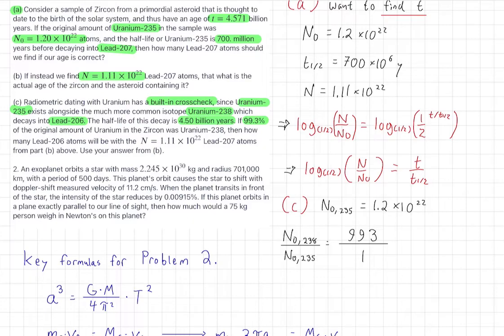Actually, hold on, because out of a population of 1,000, 993 would be that, and it would be a 7. Sorry for working through this, it's just an interesting thing to think about. So there's 993 of the 238 for every 7 of 235.